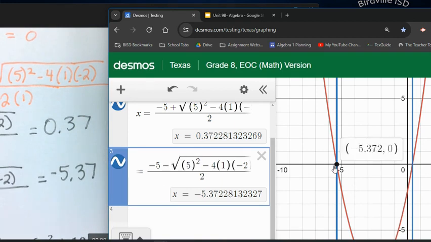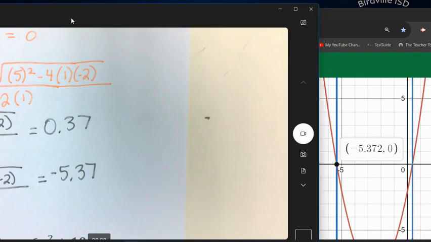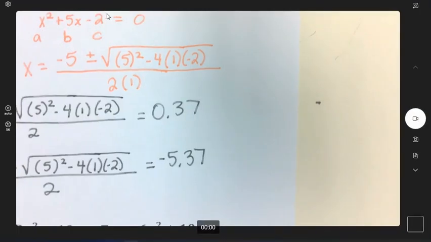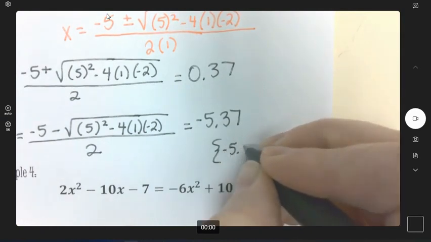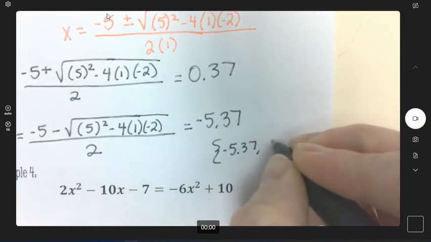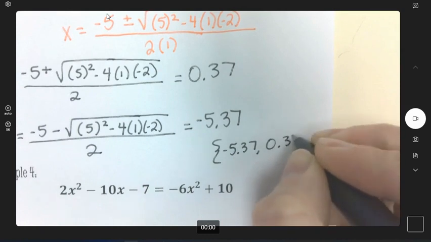Which, if you were to click this, see how it intersects at that point? So that's it. That's the solution. So our solution is -5.37, and the other solution is 0.37.